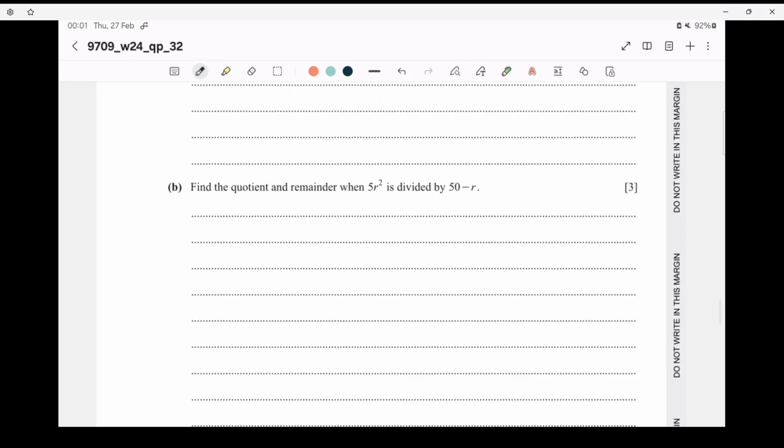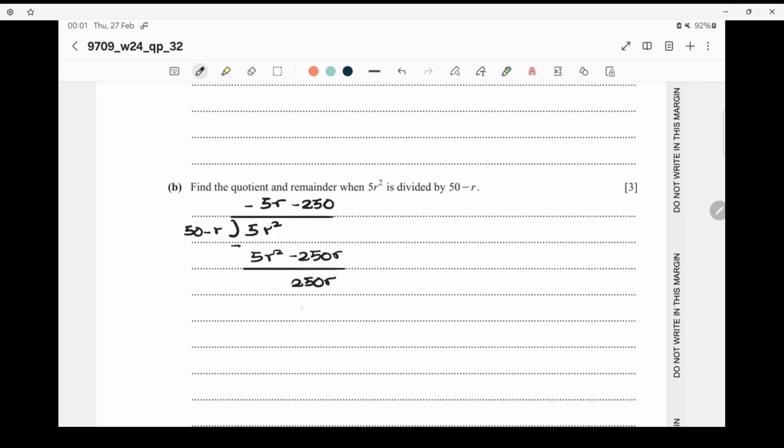Find the quotient and remainder when 5r is divided by that. So this is 5r squared, 50 minus r. So you will need minus 5r to get 5r squared minus 250r. Minus this one, you get 250r minus 250.